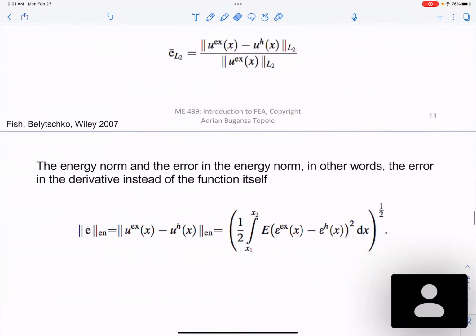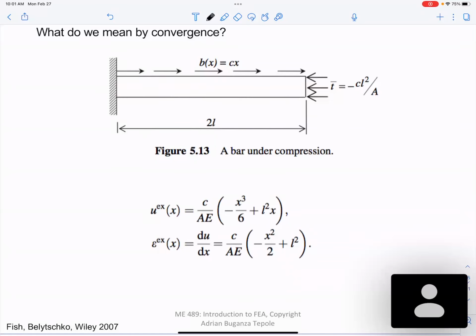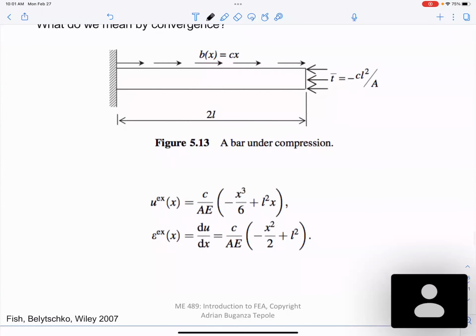And the idea of convergence means, and skip that. Obviously, for many problems we don't have an exact solution, but this is to show, for a problem for which we do have the exact solution, that as we refine the mesh, we should be getting closer and closer to that exact solution. And note that there's the exact solution for the displacements.